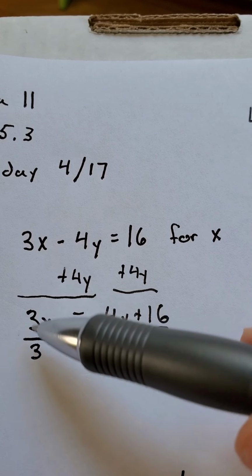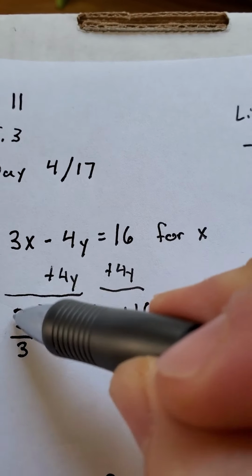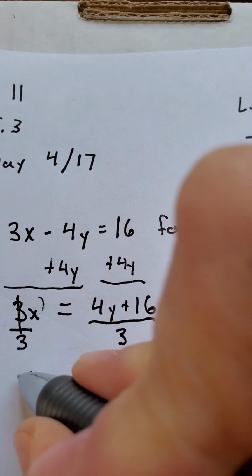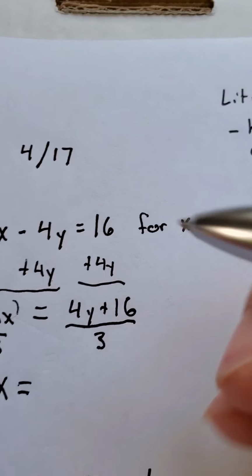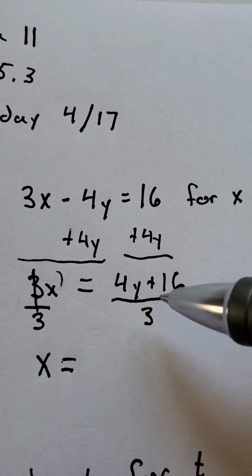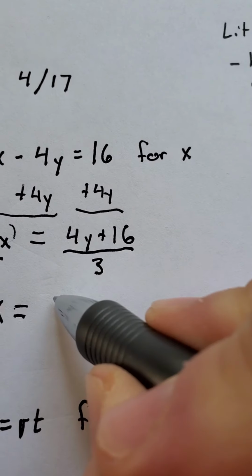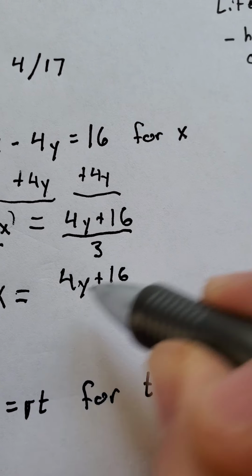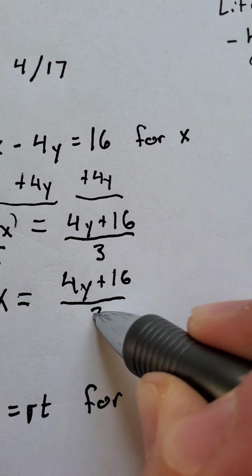So here these 3's will cancel. And you'll just have x left by itself. And on the right side, there is not a way to simplify this. So it's just going to get rewritten. It's going to be 4y plus 16, and then all divided by 3.